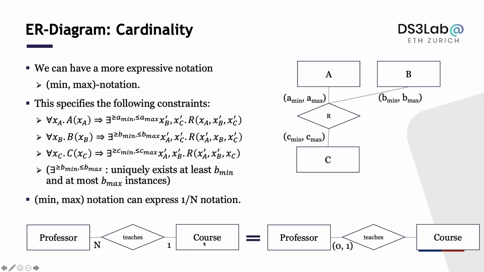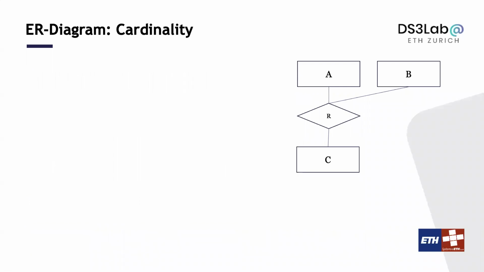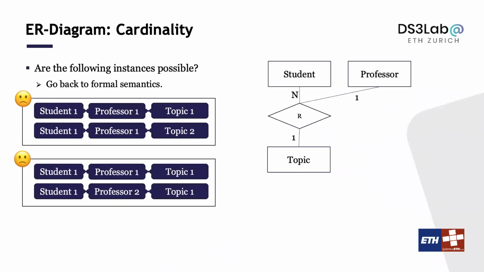Okay. Thank you. That helped me. So that's why it's equivalent to this one, right? The one professor can essentially participate either 0 times or 1 time. Thank you. Right.